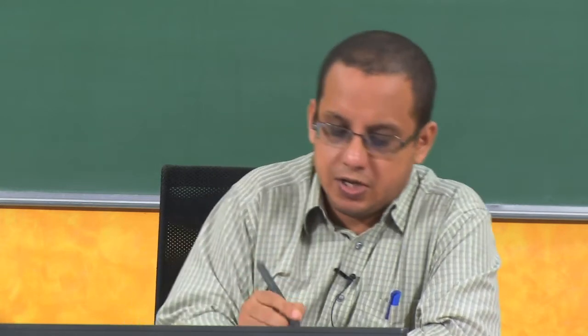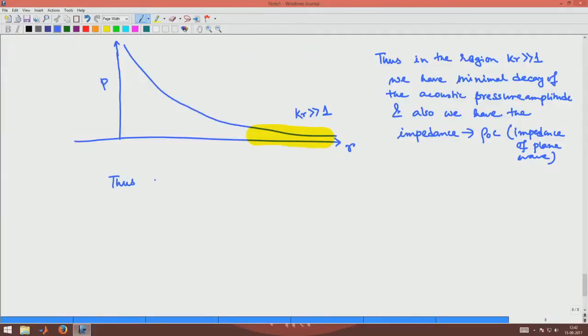So, where you will usually have this condition K r much greater than 1 to be satisfied, and at least in that cases you can completely rely on the plane wave analysis to give you good approximate answers. So, thus if K r is large, then plane wave conditions are approximated by the spherical wave.